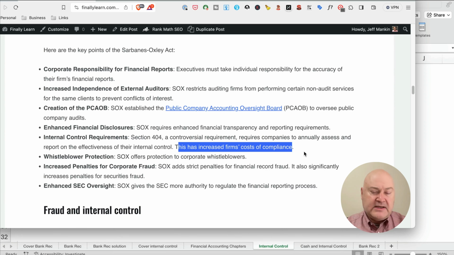For a big company, maybe not a problem, but for medium or smaller companies, this can be a bigger cost. Whistleblower protection. So if someone comes forward and says, hey, there's fraud going on, then we try to offer protection for corporate whistleblowers in the SOX Act. Increased penalties for corporate fraud and enhanced SEC oversight are basically part of the ideas of SOX.